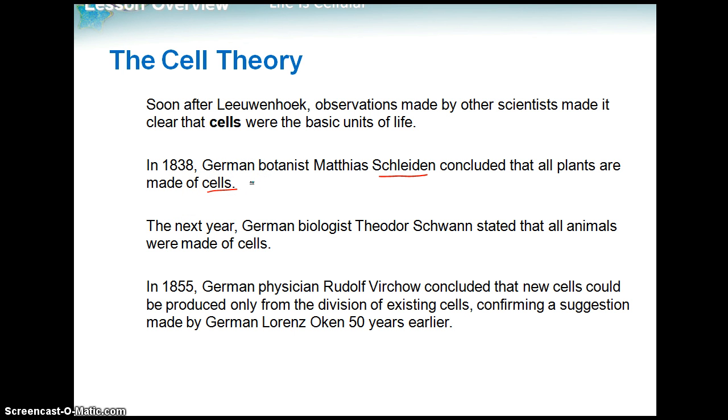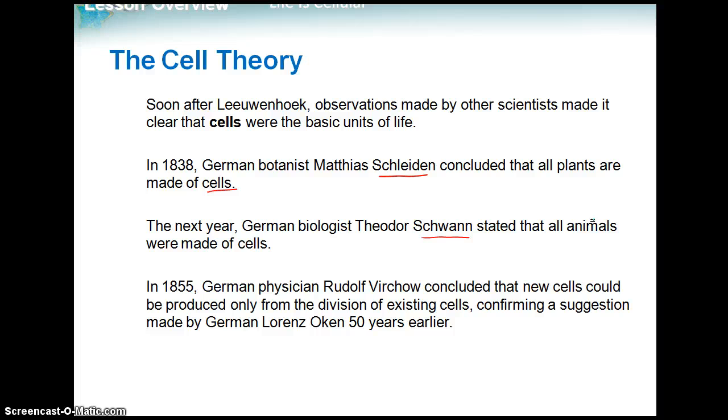So he said, okay, not only do we have living things made of cells, but plants must be living because they are made of cells. Later that same year, Theodor Schwann, also from Germany, was looking at animals, and he discovered that all animals were made of cells.